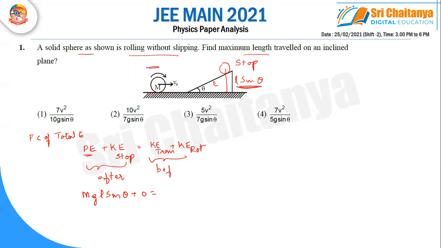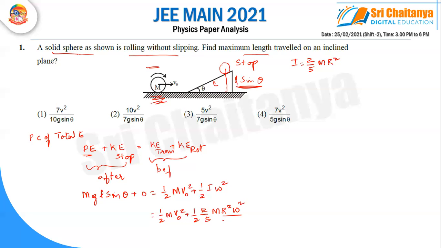Now translational kinetic energy will be half m v naught square, plus half I omega square. For a solid sphere, I will be 2 by 5 m r square. So half m v naught square plus half times 2 by 5 m r square omega square.